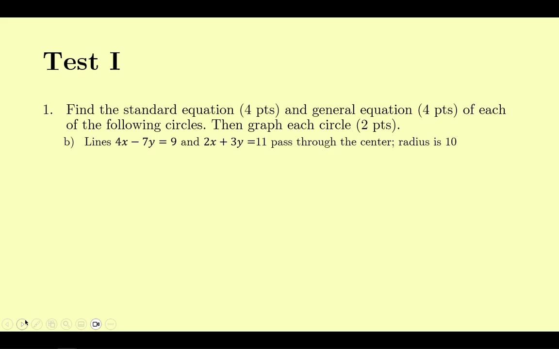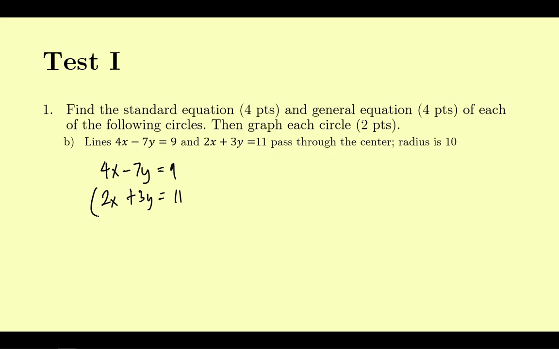Okay, so that implies that we will solve for x and y given 4x minus 7y is equal to 9 and 2x plus 3y is equal to 11. So we can use the idea of simultaneous equations. 2x plus 3y is equal to 11, and then we can apply elimination here.